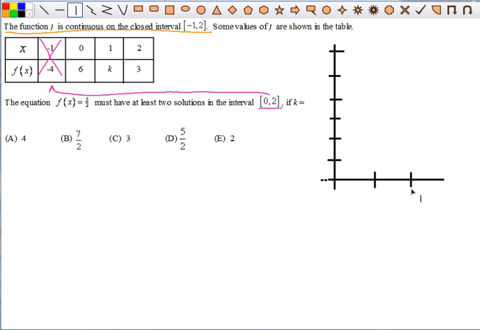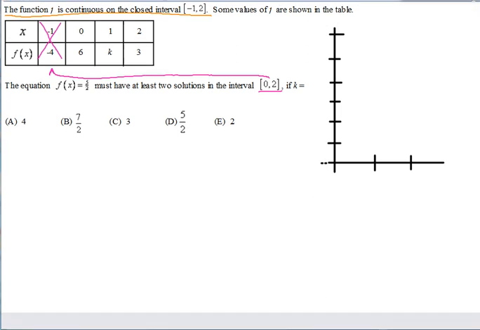One point we know it has to go through is 0, 6, right up here. And it also goes to the point 2, 3.